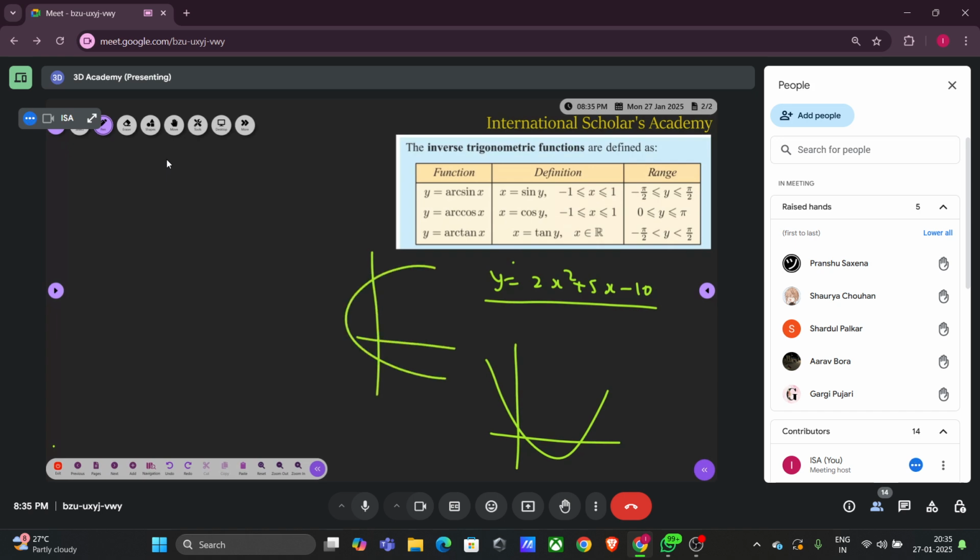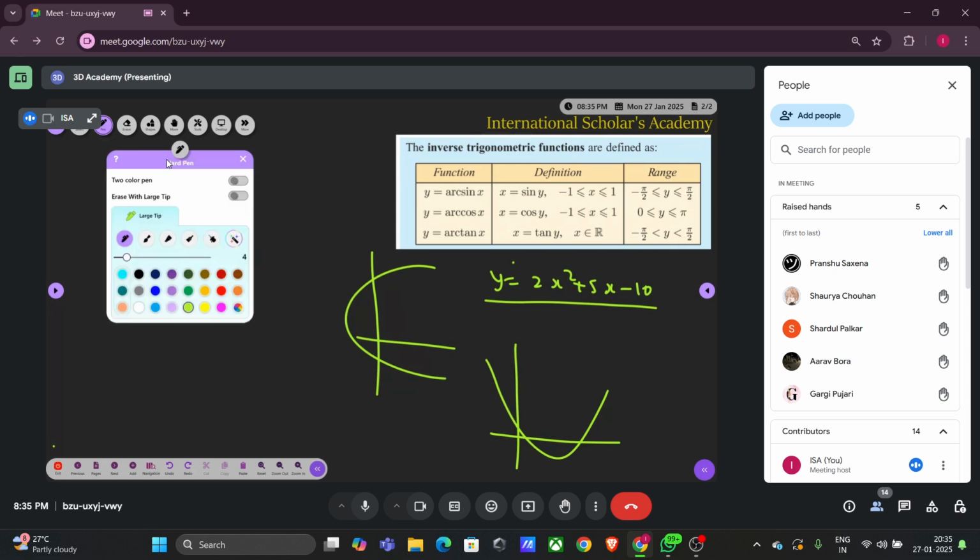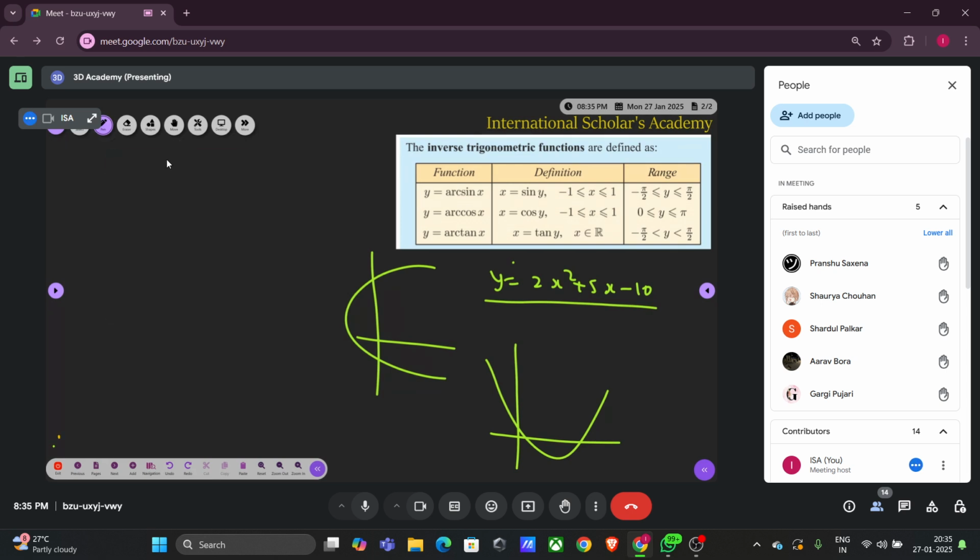Correct? It will remain a function. If you count it only from here to here, or if you count it from here to here, you have to restrict the domain. You have to restrict the domain and range of those functions.